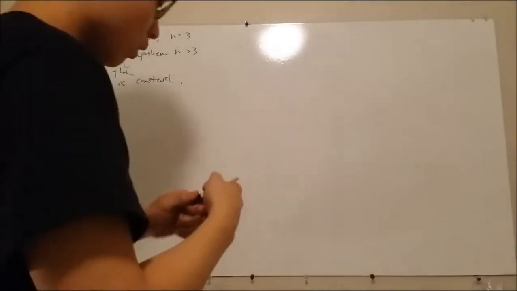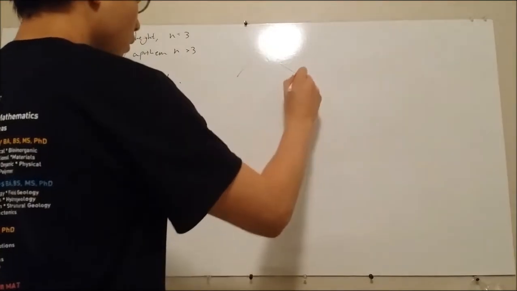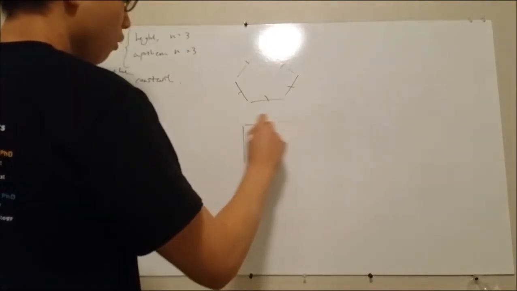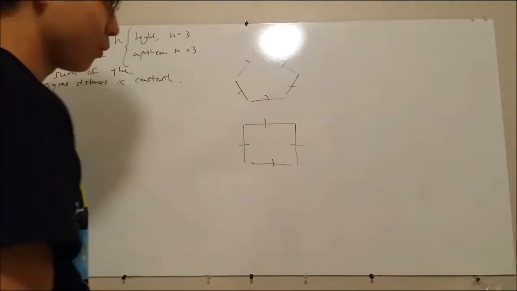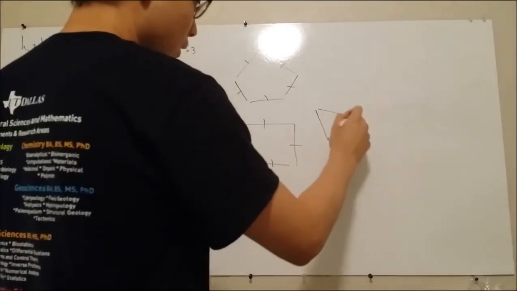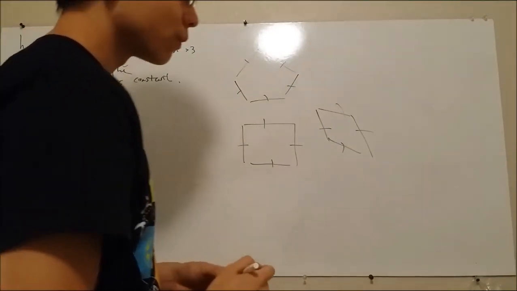We've been working with only equilateral polygons, like the equilateral pentagon, or the rhombus, or square, rather. But yeah, the rhombus is an equilateral polygon.